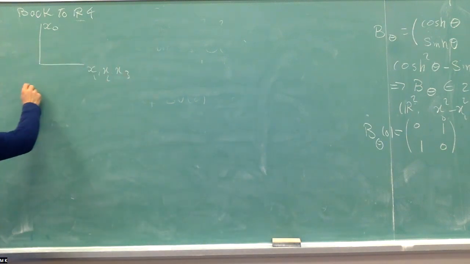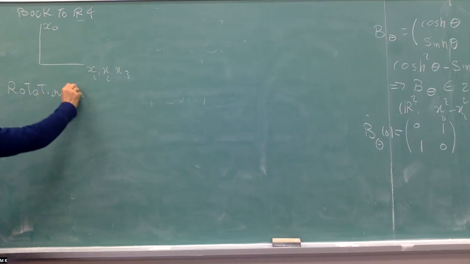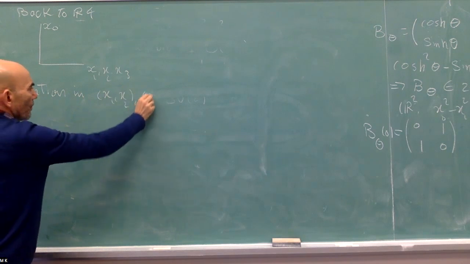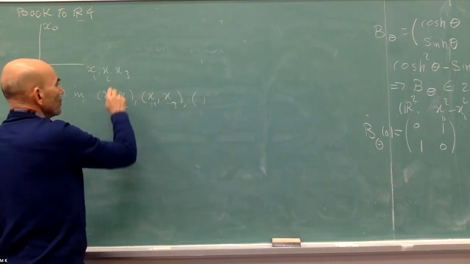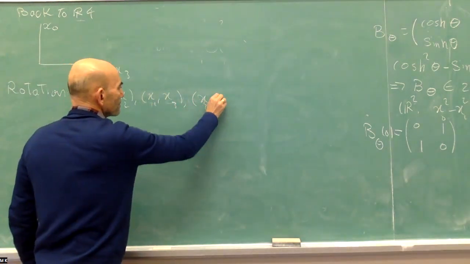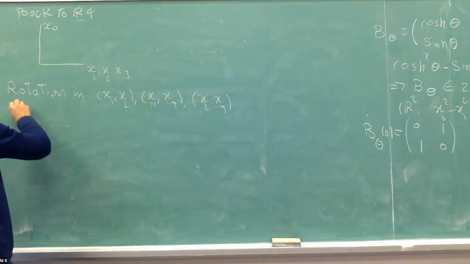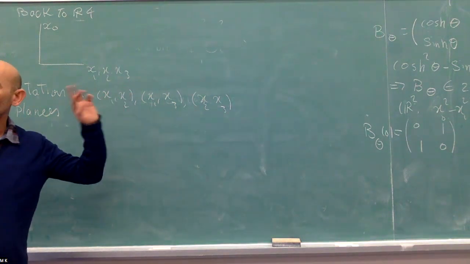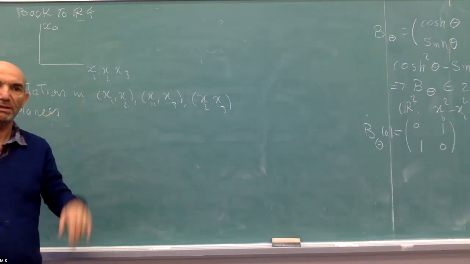So we are going to take now rotations in the x1, x2, x1, x3, and x2, x3 coordinate planes. So of course they are not going to touch the other coordinates. They're going to keep the other coordinates fixed, and each time they just change these two, right?